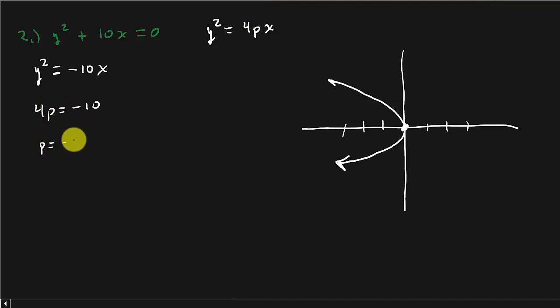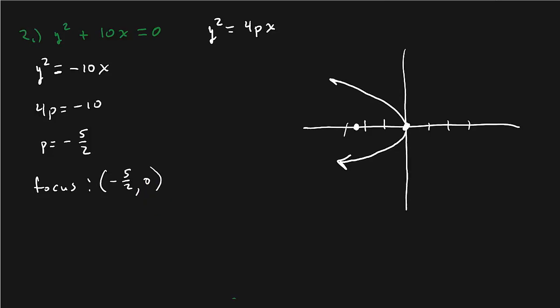So p is equal to negative 5 halves, that's negative 2.5. And so we know our focus is right here. Our focus is negative 5 halves, 0. There's the focus.